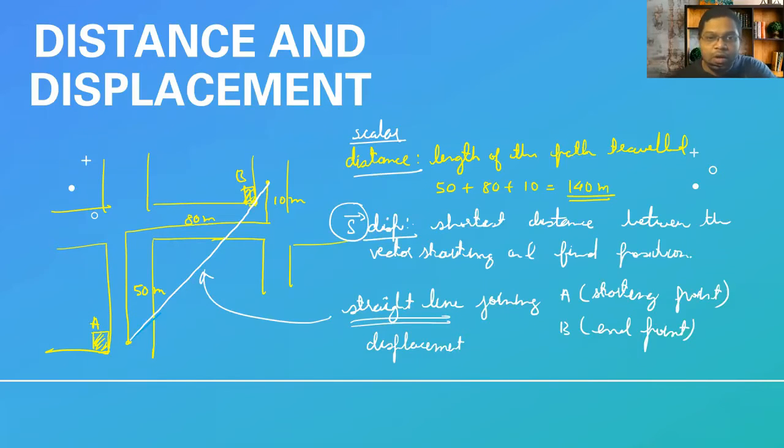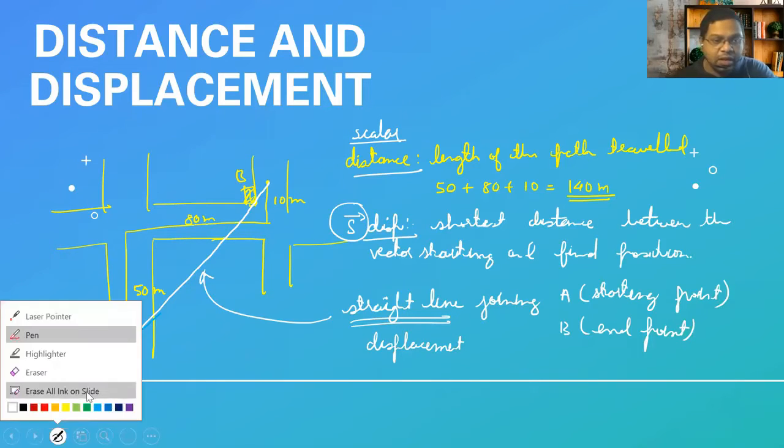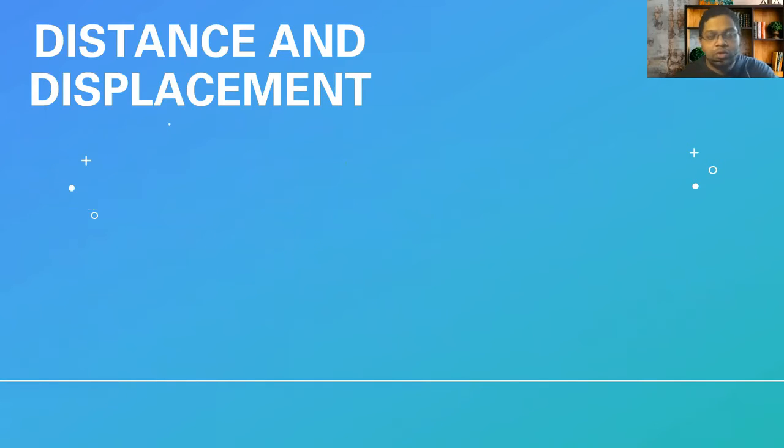So there are more points of distinction. I will just clear the screen before we go ahead. So displacement is capital S, and distance is generally denoted by a small letter d.